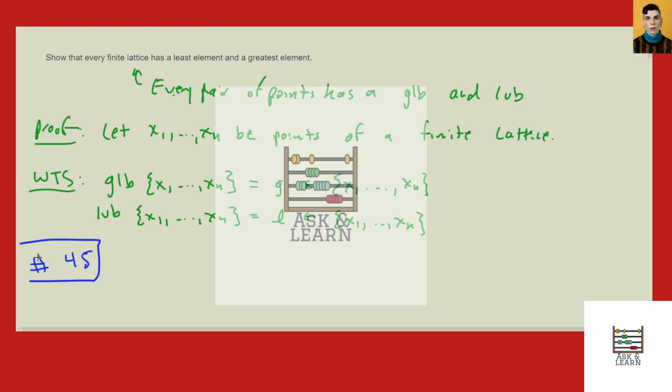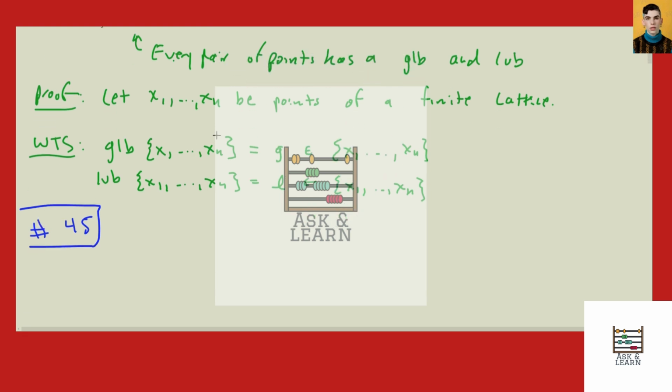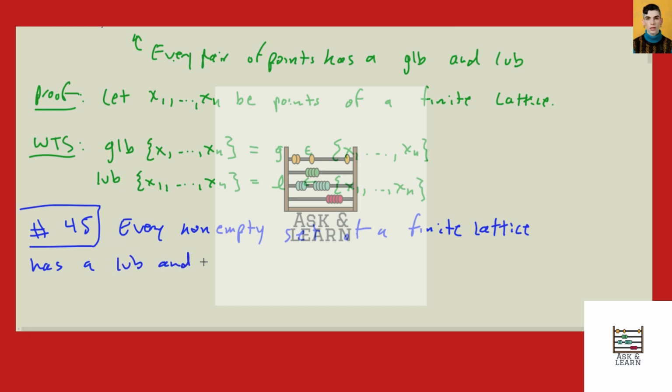What number 45 says is that every non-empty set of a finite lattice has a least upper bound and a greatest lower bound.